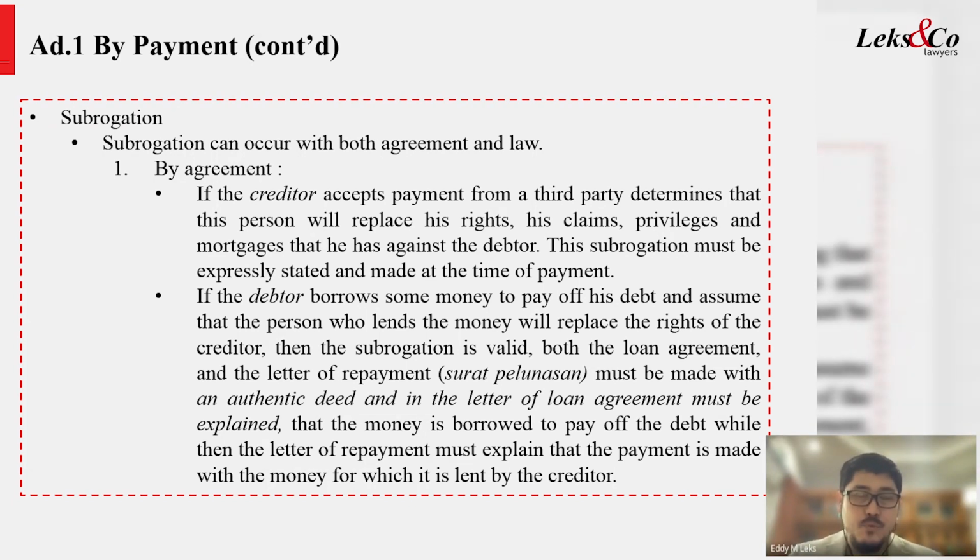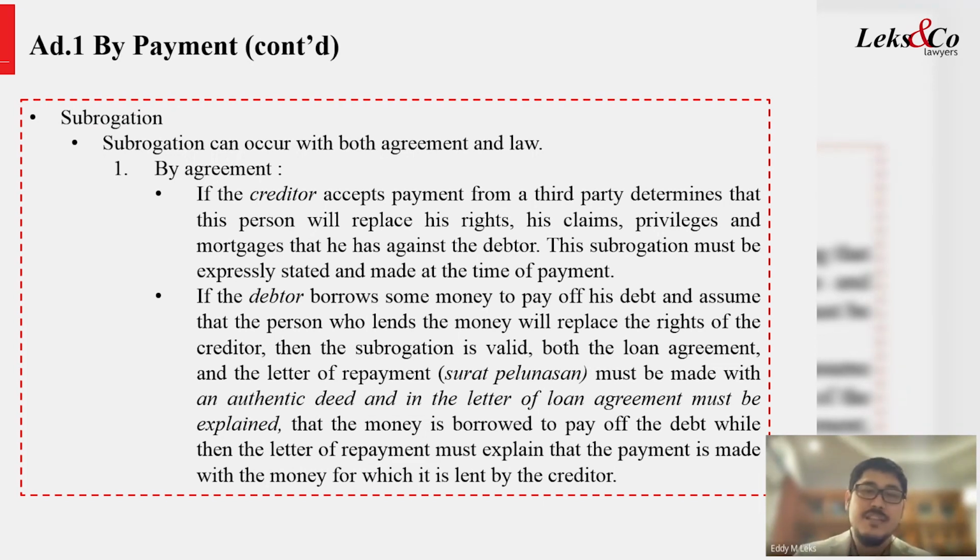Okay, meaning in a subrogation, the creditor can replace another creditor. A new creditor can replace an old creditor and take over all the creditor's rights. And in a similar way but with a different subject, in this matter it is the debtor who can find another creditor. So the first category, creditor finds another creditor.